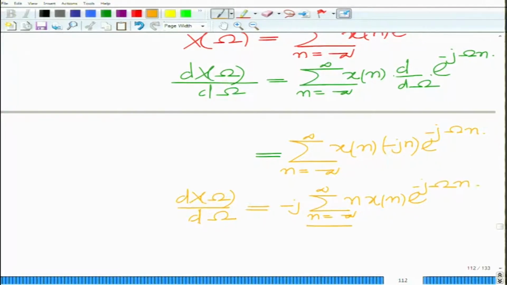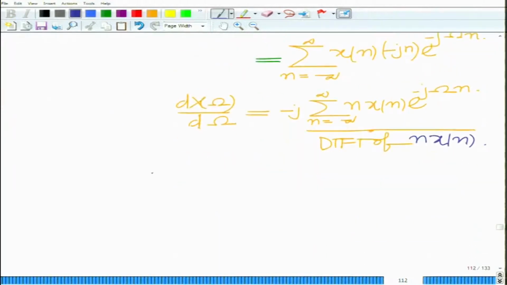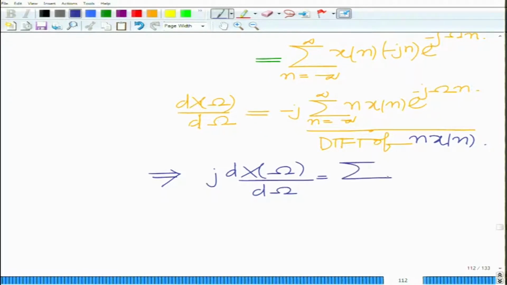So, if you look at it, this is basically the DTFT of n x n, of the signal n x n. And therefore, if you bring the j to the other side, this means j dX omega over d omega equals summation n equals minus infinity to infinity n x n e raised to minus j omega n.